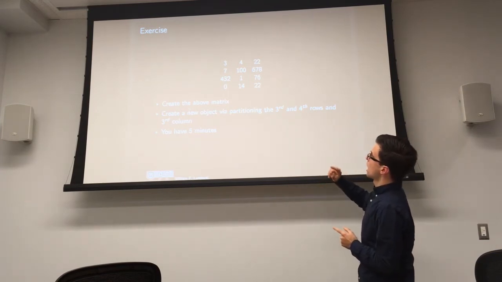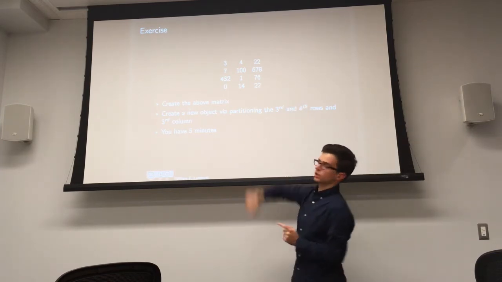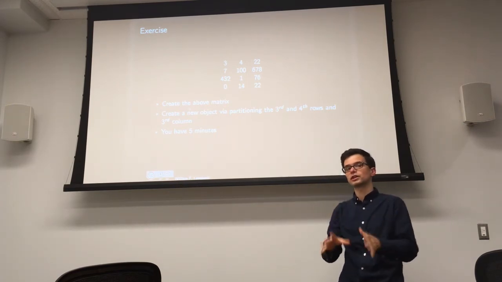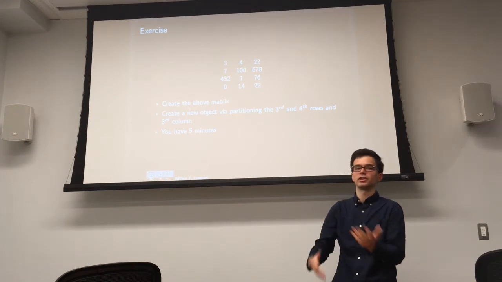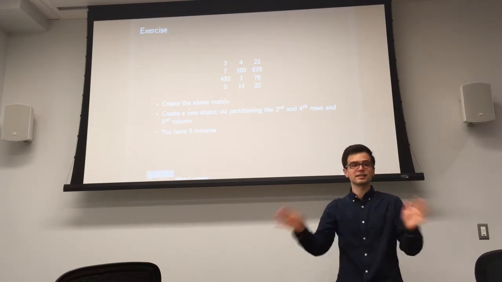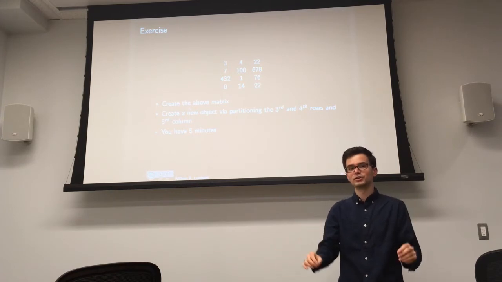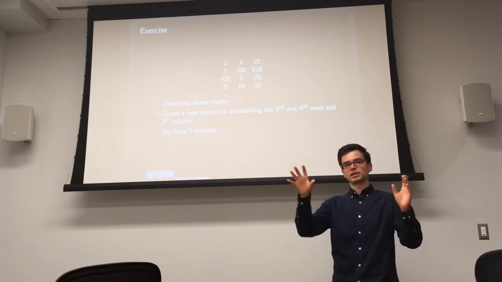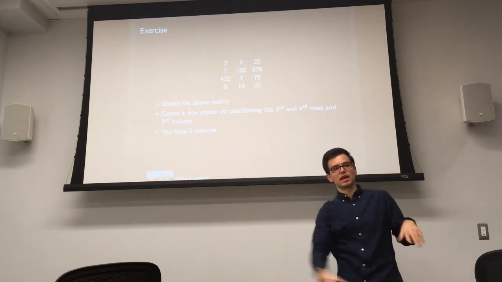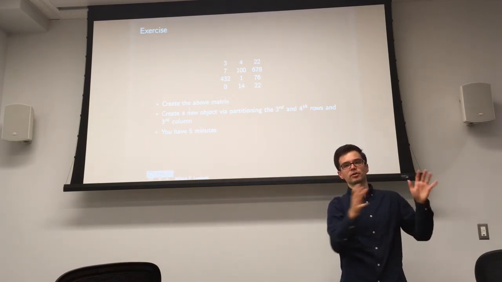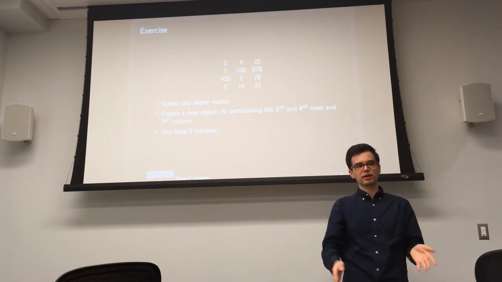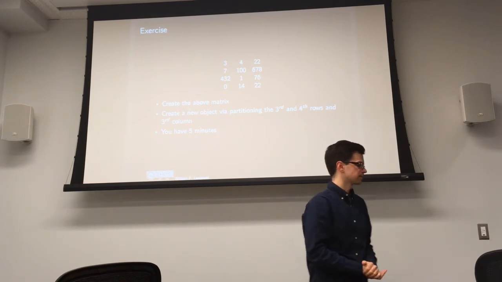So you should have the numbers 76 and 22 in that new object. And that's it. But don't create a new object just by creating a vector, c(76, 22). That's not how I want you to do it. I want you to do it by partitioning, or taking the appropriate parts of this matrix, and then creating the object from that partitioning process. Okay? So you have 5 minutes, and I'll be around if you have any questions.